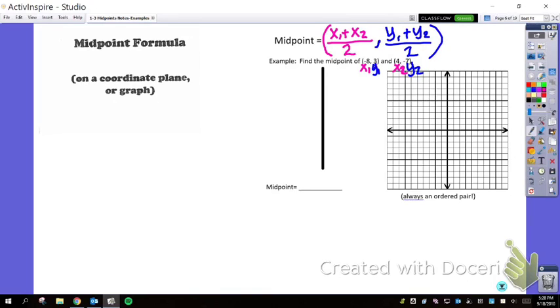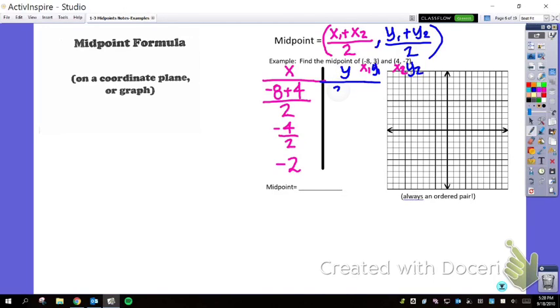So if we want to find the x's, then we are saying x1 plus x2 divided by 2. So we've got -8 plus 4 divided by 2. So -8 plus 4 is -4. Divided by 2 still, and we end up with -2 for that x value. And then we're going to do the same thing with our y values.